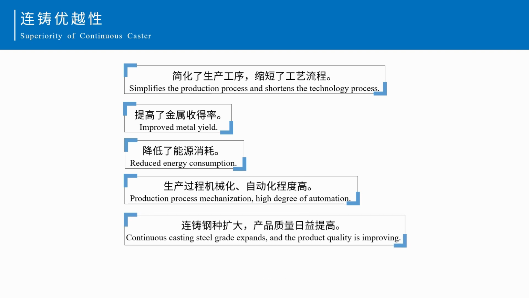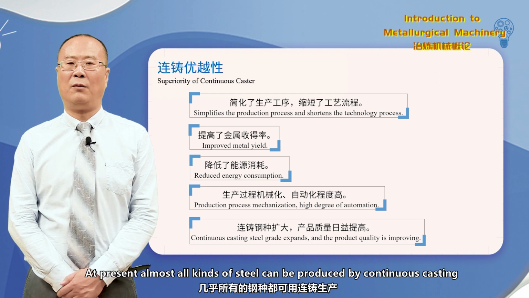The fifth, the continuous casting steel grade range expands, and the production quality is improving. At present, almost all kinds of steel can be produced by continuous casting.